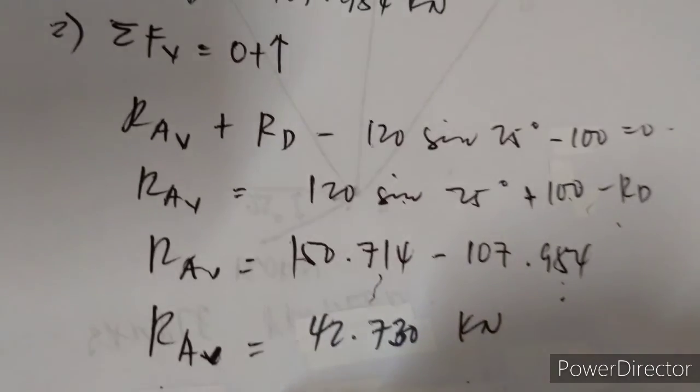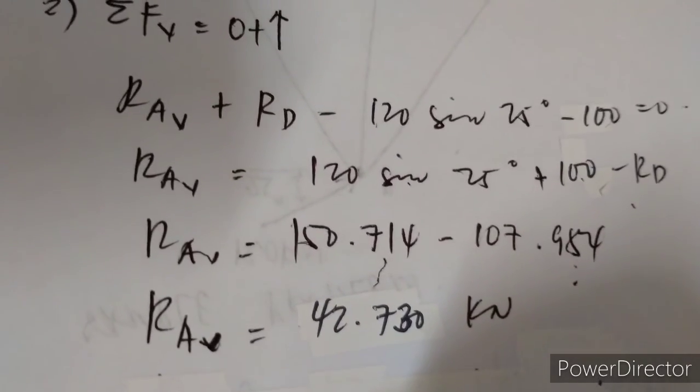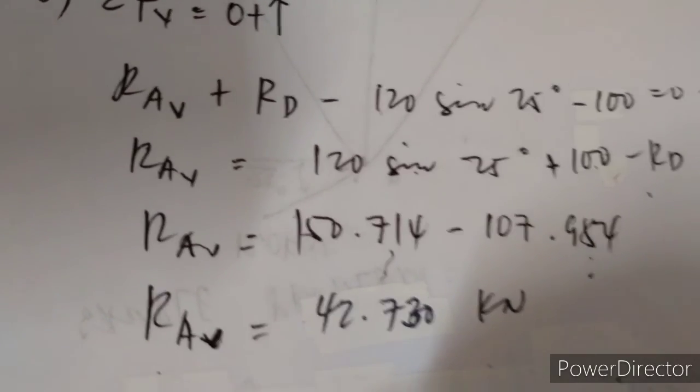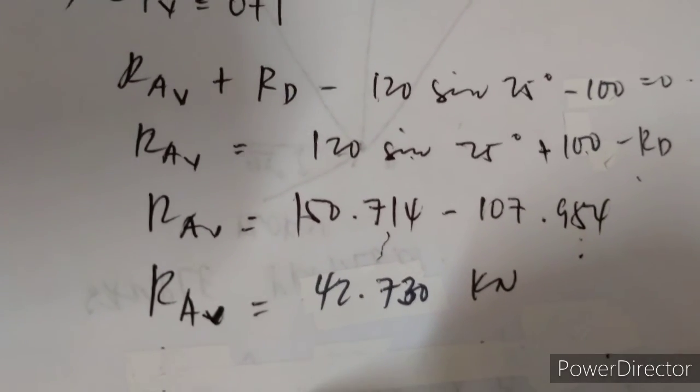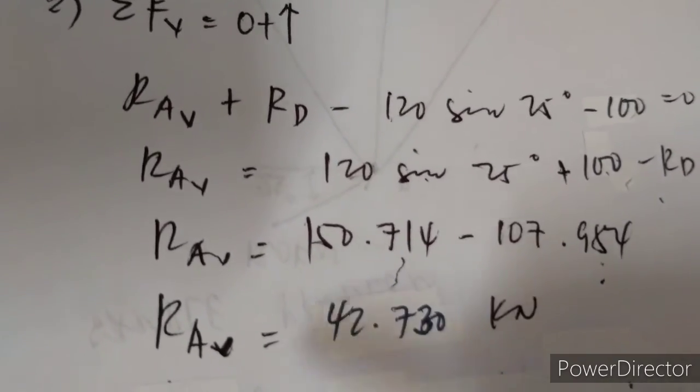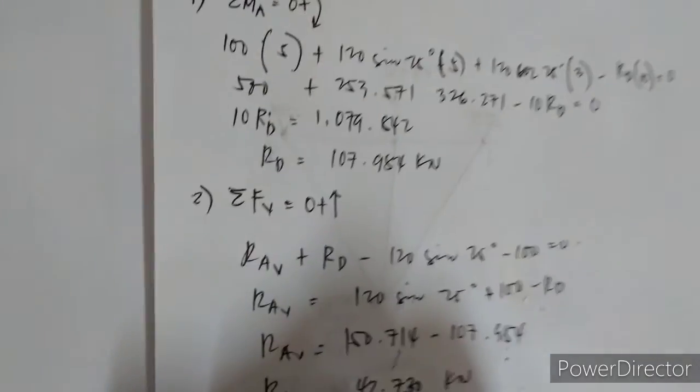So the resulting value for RAV, the vertical component of the reaction at A, is 42.3.